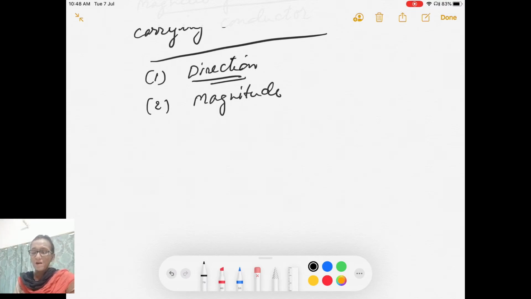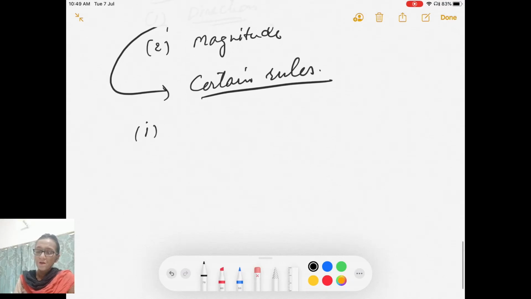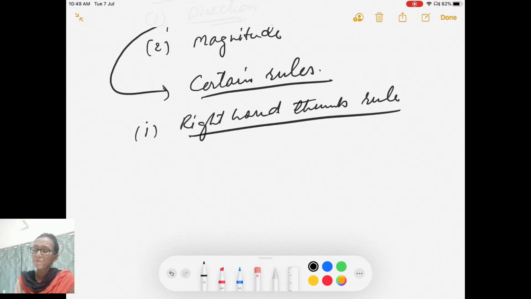For the direction of magnetic field, you have the right hand thumb rule. For direction, certain rules. The first rule is the right hand thumb rule.